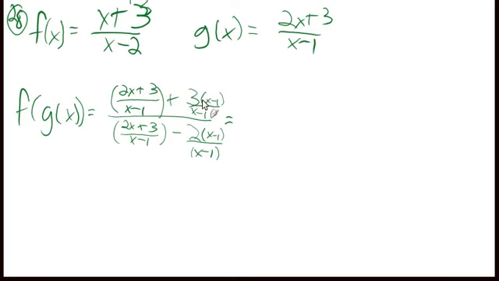And now let's distribute this, and we'll write it just above that. So this will be the distributed version: 3x minus 3. This here is going to be 2x minus 2.